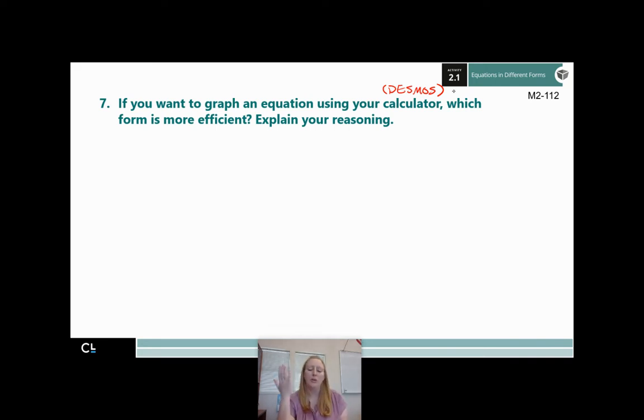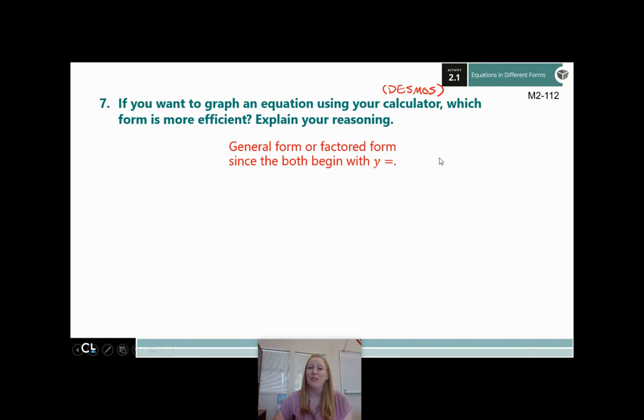I noticed that on Desmos and on most scientific calculators, they usually have it as y equals your equation. So that means general form or factored form would be the easiest ones to use. They would definitely be the most efficient on a graphing calculator. Some graphing calculators won't even let you put standard form on there because it has y equals built into it.